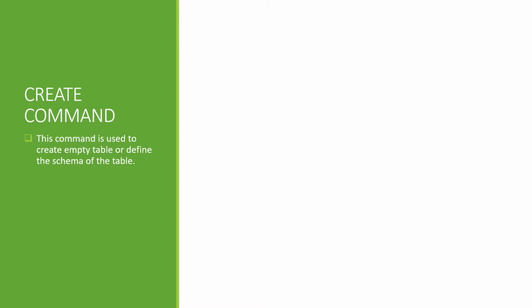Similarly, if the field is name, so the records will be of the type string. Now, a string in a DBMS or SQL language is known as a varchar, or we can say this is a character array. So all these fields with the database data type are mentioned in this command.